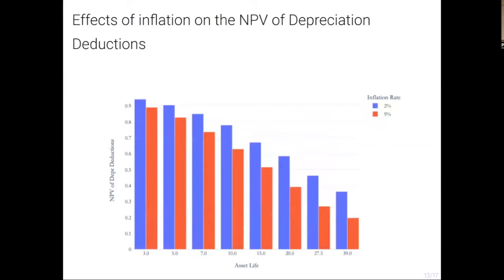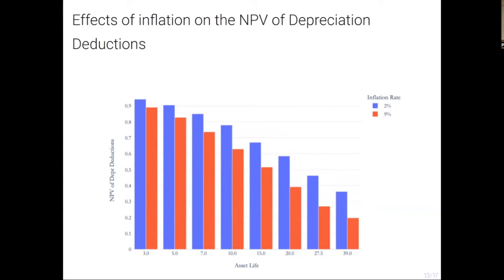To see what's driving the increase in the cost of capital, particularly for equity financed investments, where it dominates, is the effect on the net present value of depreciation deductions. And here I'm showing the net present value of depreciation deductions under 2% and 9% inflation by various lived assets. So assets whose depreciable life is 3 years to those whose depreciable life is 39 years.